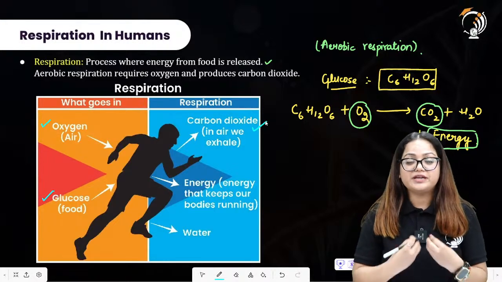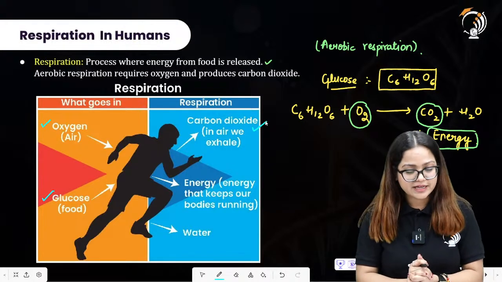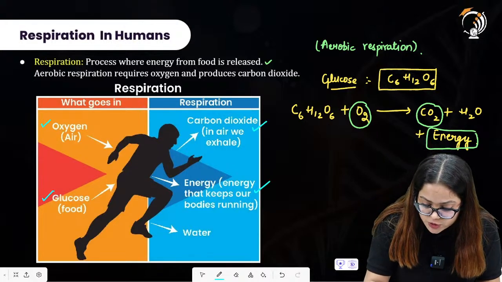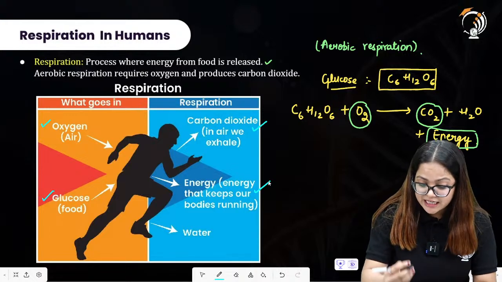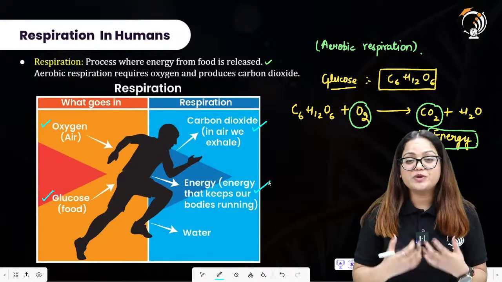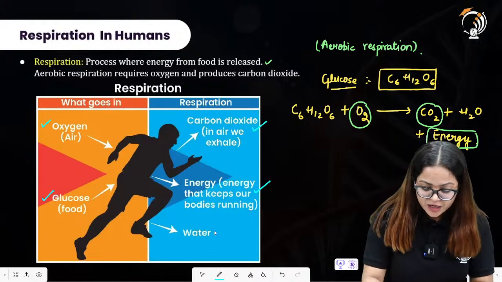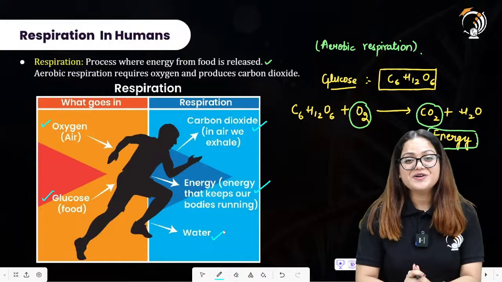So the air we are breathing out actually has a high concentration of carbon dioxide in it. Then energy is also released. This energy keeps our body running because it enables our cells to perform various metabolic reactions inside our bodies. Understood? Water is also released as a byproduct.